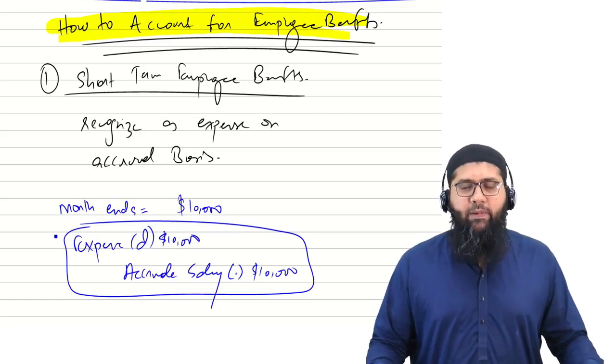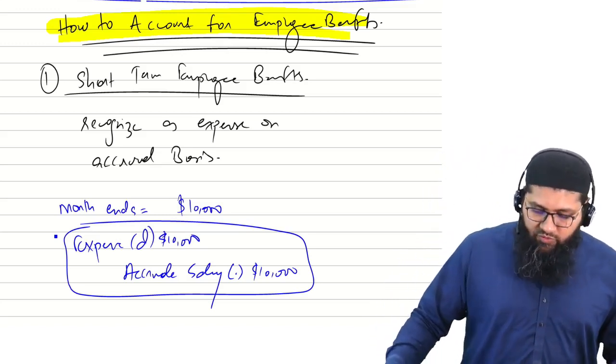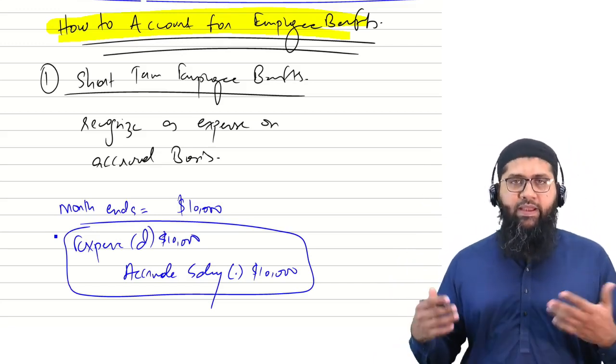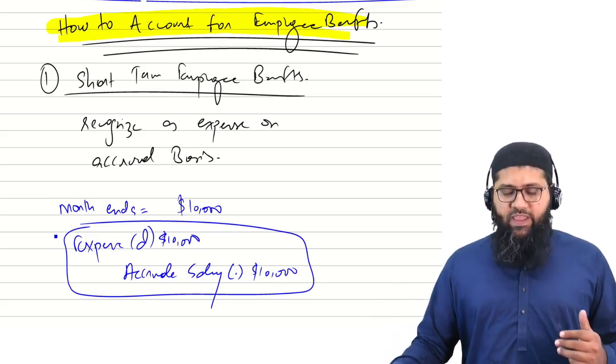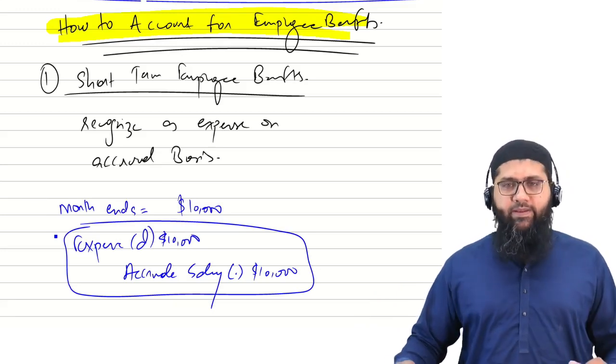As an entity, we do this specific type of accounting: the expense is debited and at the same time accrued salary is credited.